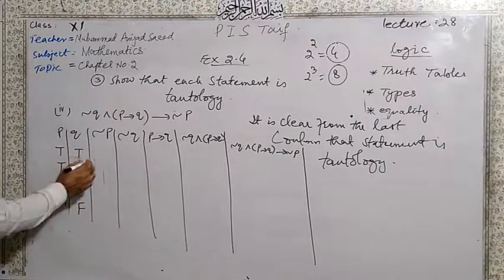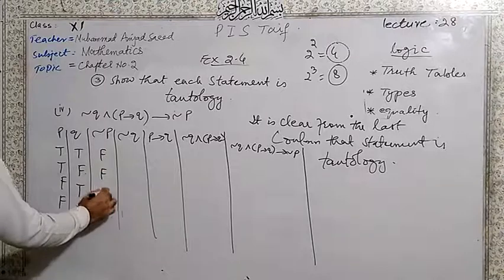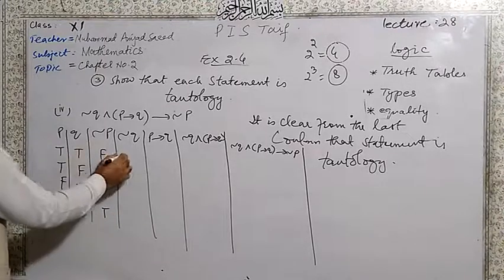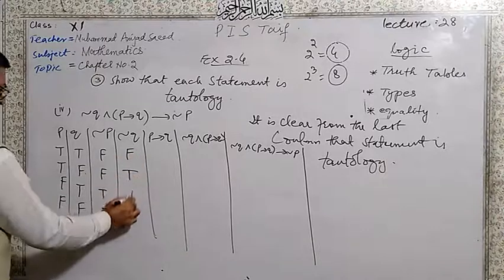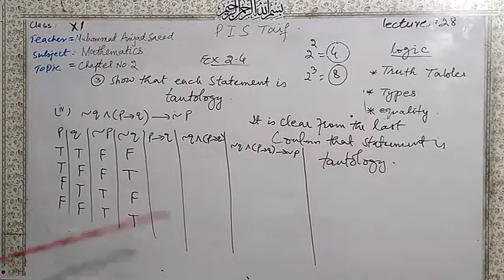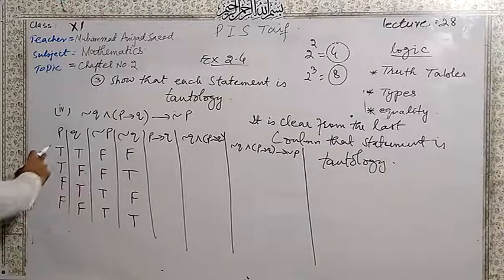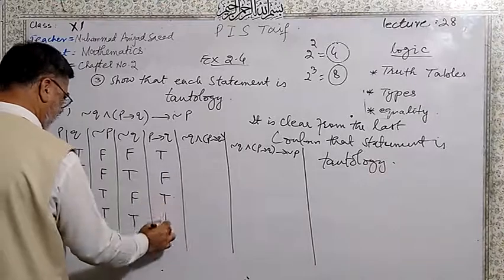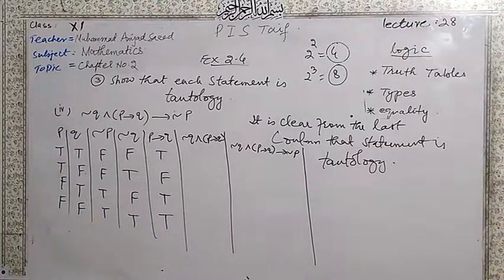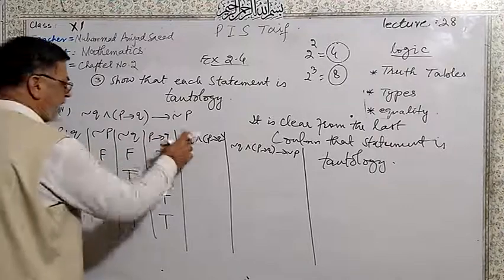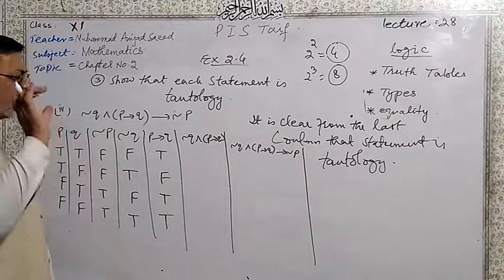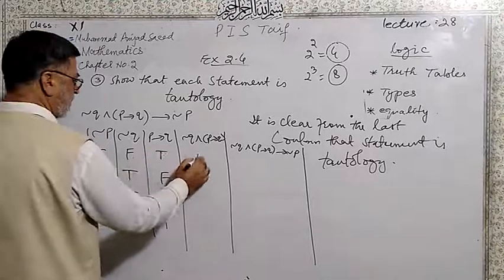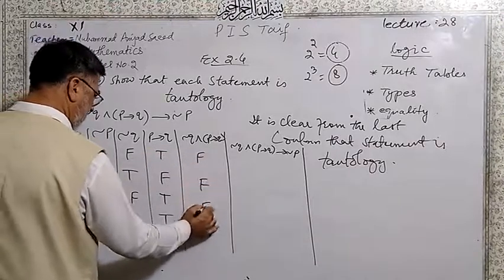Not P, the opposite of P, is F, F, T and T. Not Q is F, T, F and T. P to Q: T to T is T, T to F is F, F to T is T, and F to F is T. Dear students, not Q and P to Q. You know that and means intersection. In case of intersection, it must be in both. So here is F, F, F and T.